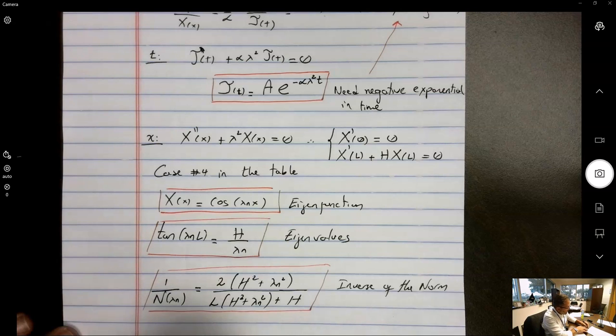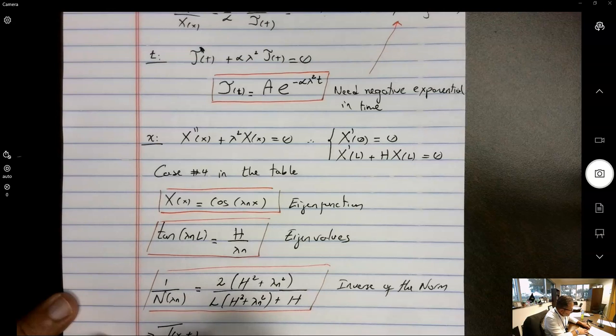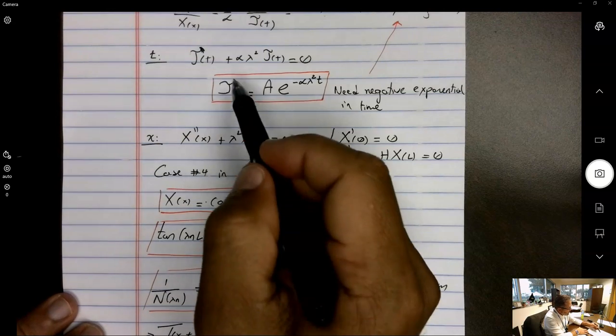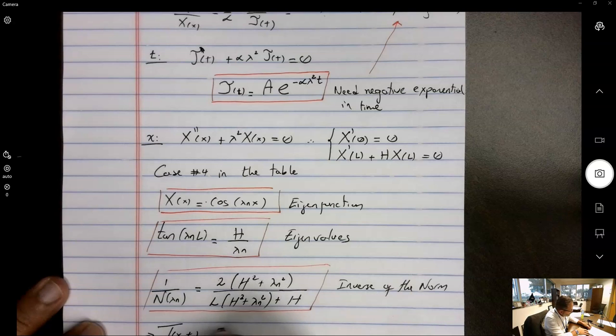All right. So that means that the solution T of x and t, which is essentially X times tau, is equal to the summation from n equal 1 to infinity, actually 1 if you start the eigenvalue count at 1, or 0 if you start the eigenvalue count at 0. It really doesn't matter. Actually, I'm going to use 0 here.